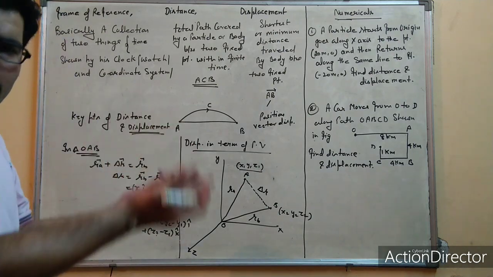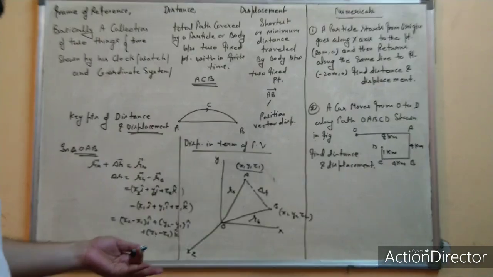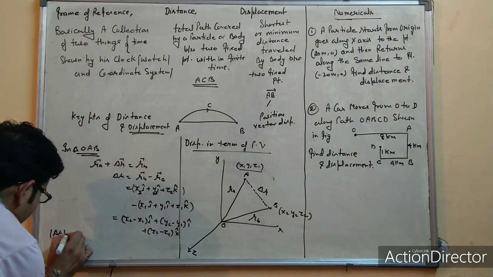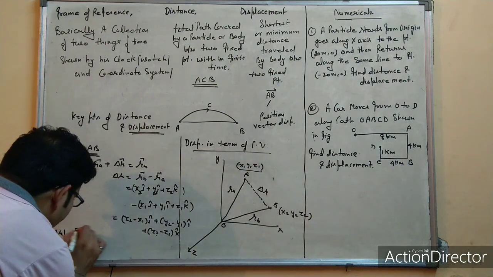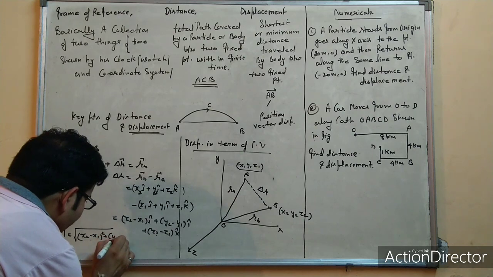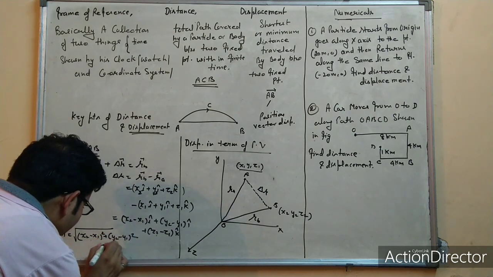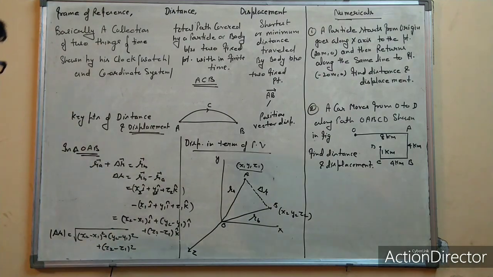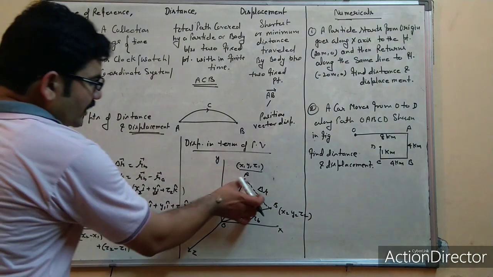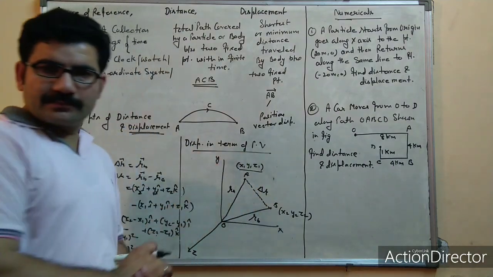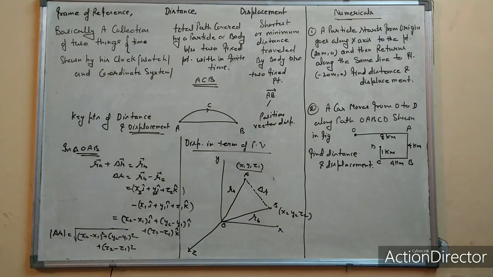Now if you want to find its magnitude, you have to take the modulus of delta R: the square root of (x2 minus x1) squared plus (y2 minus y1) squared plus (z2 minus z1) squared. This is the formula by which you can find the shortest distance between two points A and B in three dimensions, means 3D motion. I hope you understand very well.